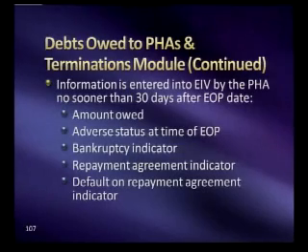So we're asking, do not enter information any sooner than 30 days from the EOP date. But in all fairness to your fellow PHAs, they want to know what's going on with your former tenants. So we're asking that you try to put this information in within 90 days from the 30 days notice period. And that will ensure that everybody's getting access to the information.